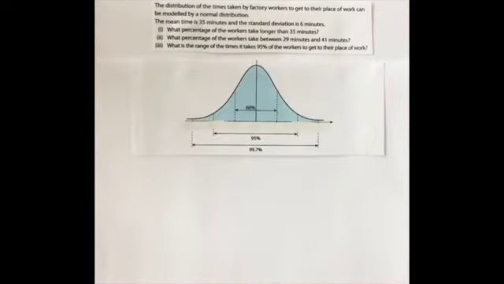Okay, so here's a classic question on the empirical rule. We are told that the distribution of times taken by factory workers to get to their place of work can be modelled by a normal distribution. The mean time is 35 minutes and the standard deviation is 6 minutes. So straight away what you should do is draw out a rough sketch of the normal curve, and remembering your percentages is going to help you out here.